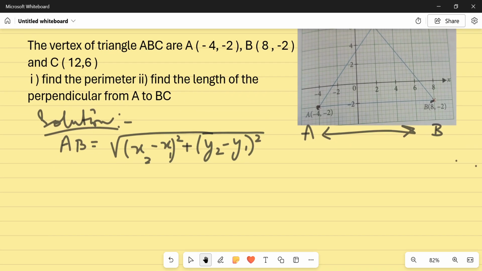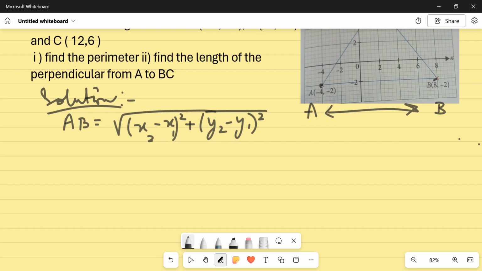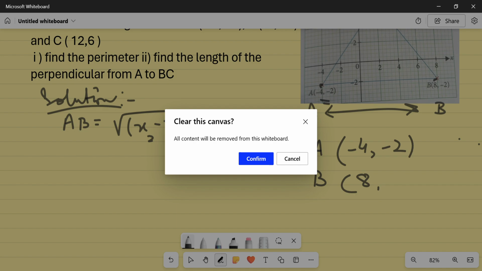Now we are going to find it. The coordinates of A are (-4, -2), and B coordinates are (8, -2).